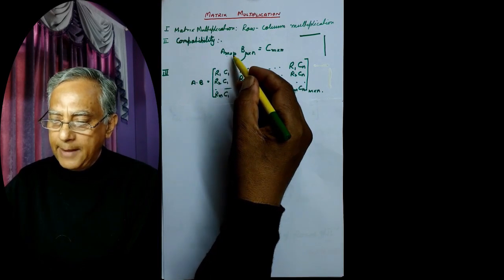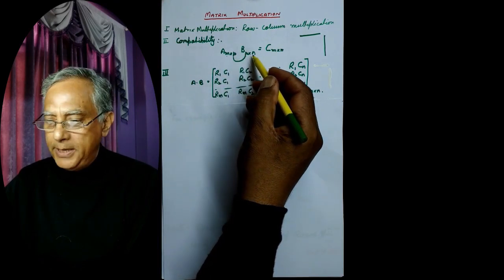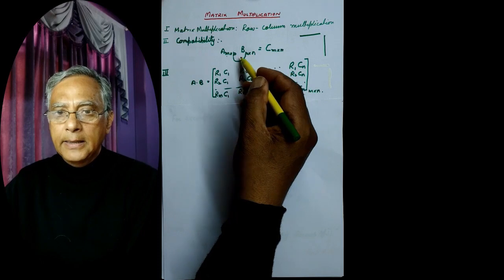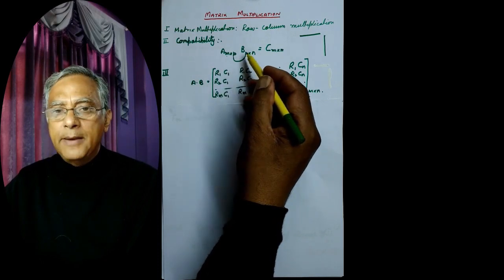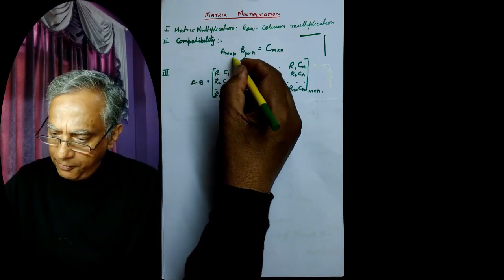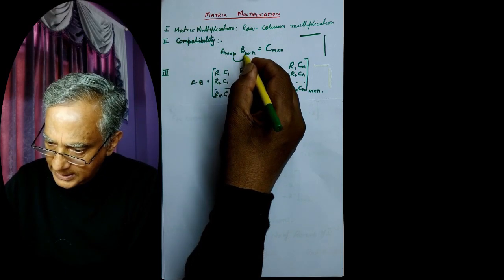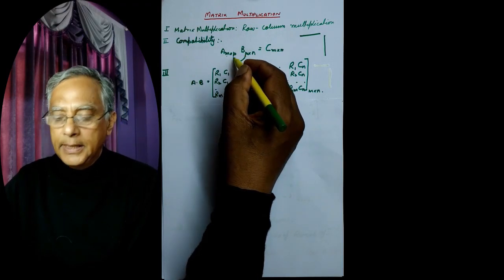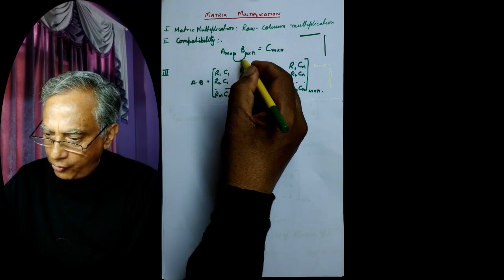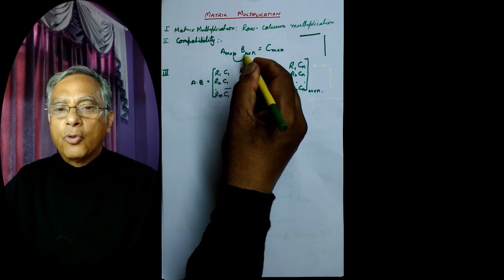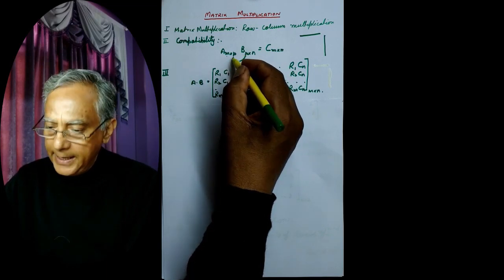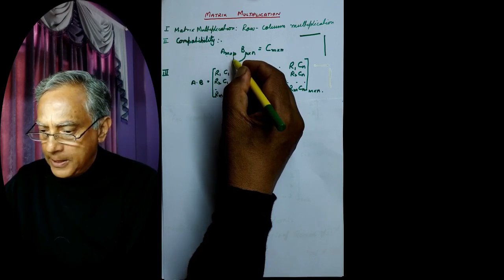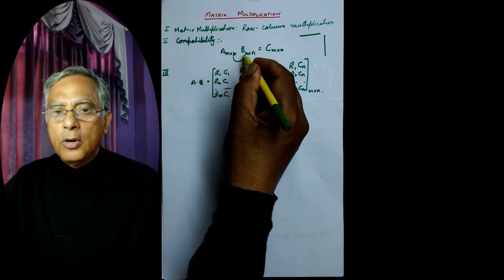Let A be M cross P and B be P cross N. Then these two matrices can be multiplied only if this is equal to this. That is, number of columns of A is equal to number of rows of B. That is, number of columns of the pre-multiplier is equal to number of rows of the post-multiplier.